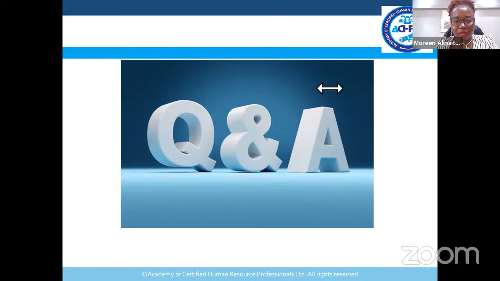Mary is asking, where a contract of employment provides for 3 months notice upon termination, how do you handle this during the redundancy? Redundancy is governed by different rules altogether. It's very different from the normal termination.